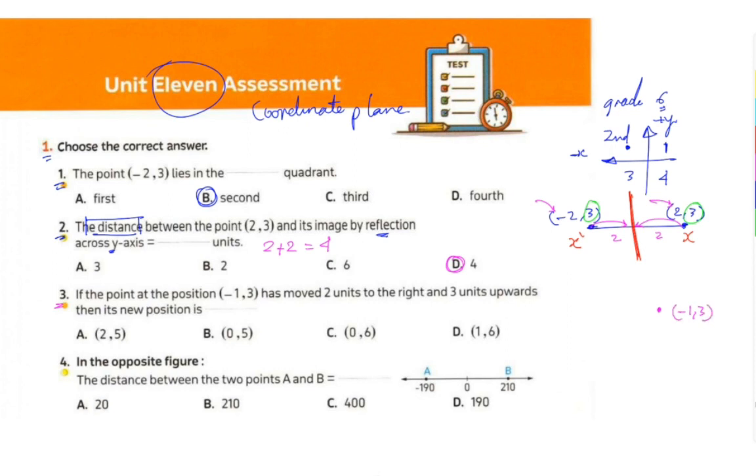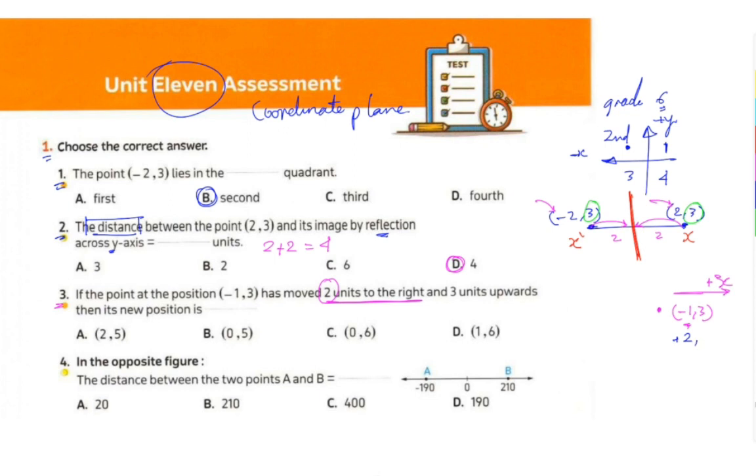So he moved this point 2 units to the right, in the x direction, the positive x direction. How many units? 2 units. So I have -1 at x. Because it's positive x, I will add 2 to -1. So -1 plus 2.